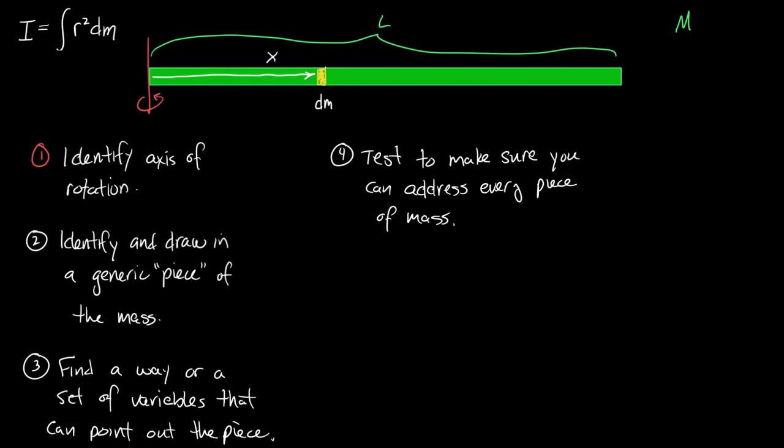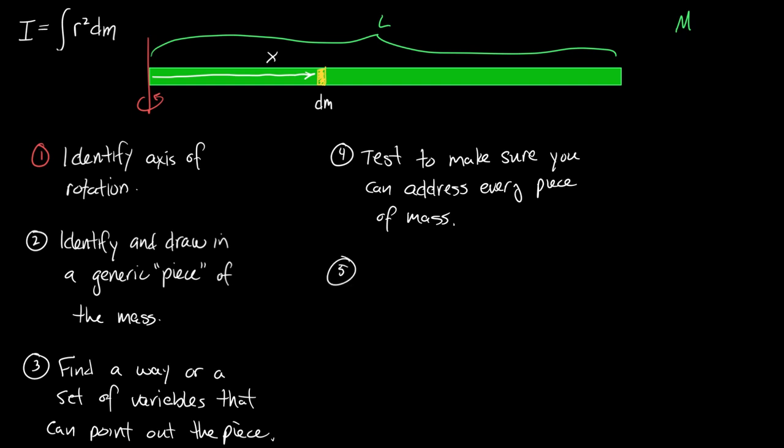Meaning, can I, using just x, point to every single piece of the rod? And I think I can. I can say the first piece is located at x equals 0, and the last piece is located at x equals L, and there is a location for every piece from 0 to L. So I think I passed the test.